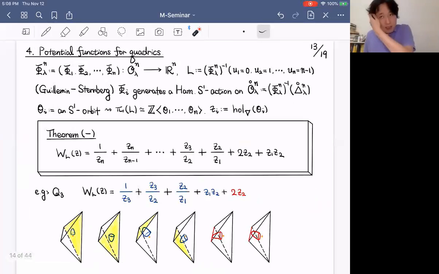So now let's talk about the potential function of the quadric. The setup is that we are thinking about the Gelfand-Zeitlin system. We are looking at the Lagrangian torus at the center, which is monotone. And then one more result from Guillemin and Sternberg says that each individual pi_i generates a Hamiltonian circle action on the dense subset. Of course, in general the quadric is not a toric variety, so it does not have global T^n actions, right?